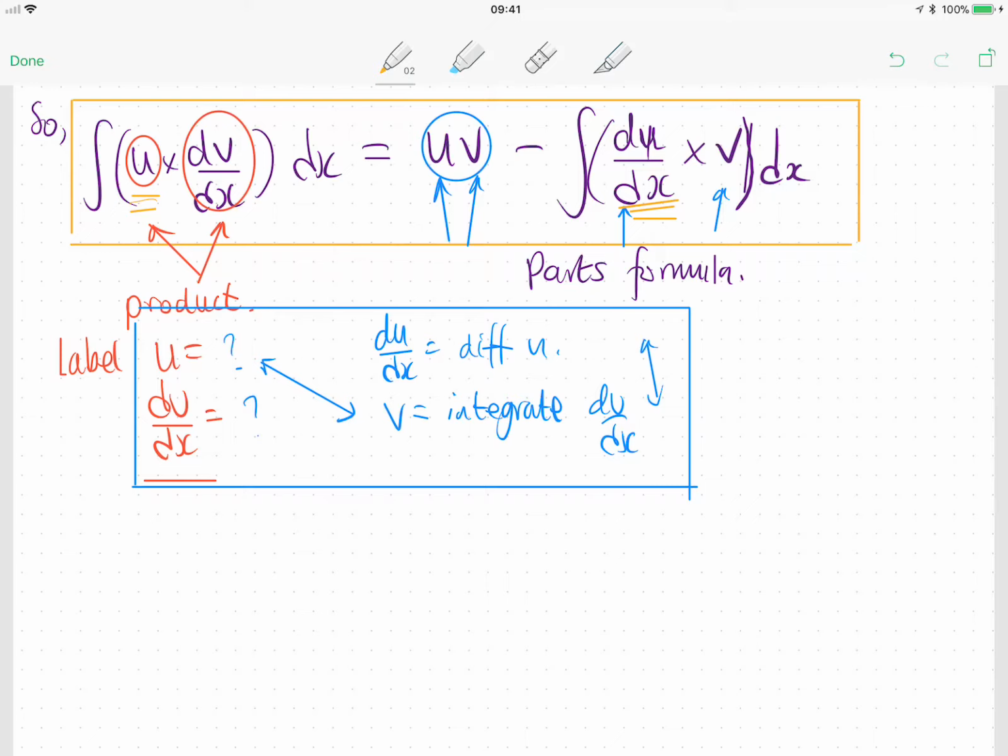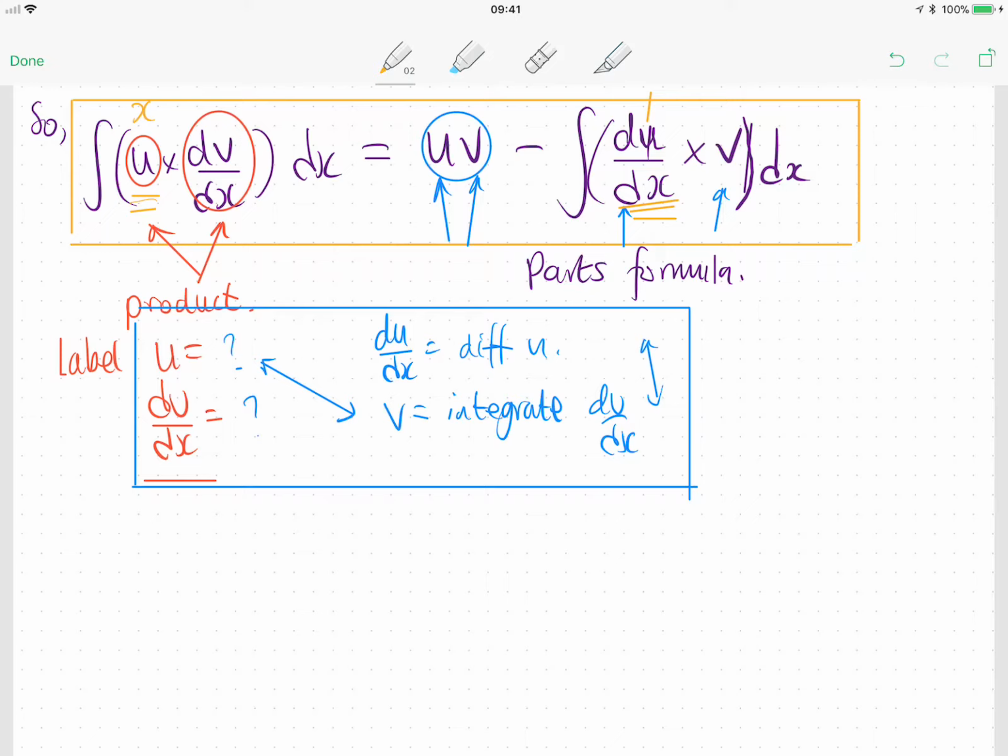So ideally we want u to be something that differentiates to something much simpler. For example, if u was x, this would be great, because if you differentiate x, it goes to 1, and hopefully this integration on the right will be much easier.